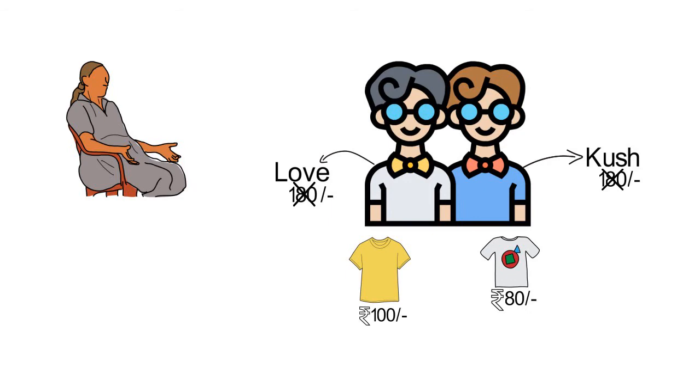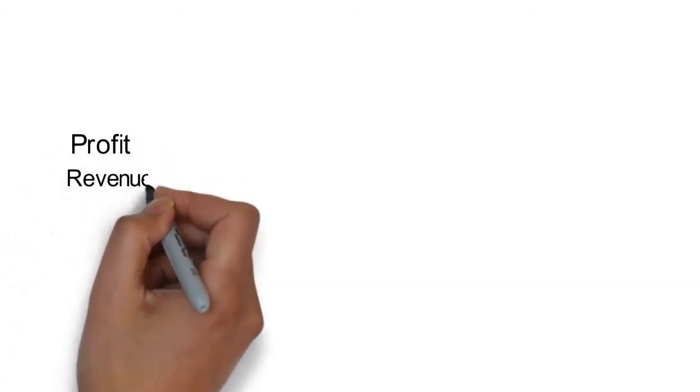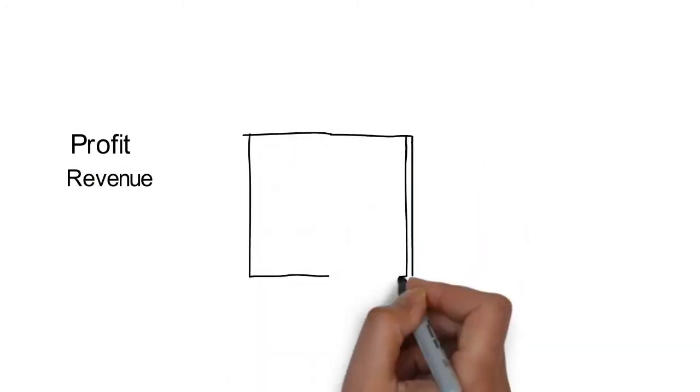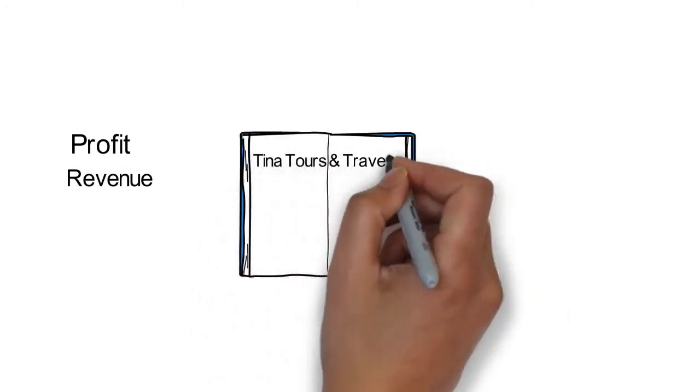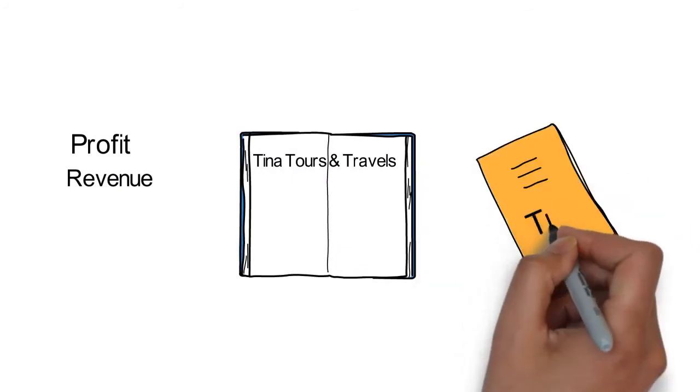That is why it is important to make a difference between Tina's personal expenses and the expenses of Tina Tours and Travels, right? All the transactions relating to profit and revenue of Tina Tours and Travels will only be considered in the books of accounts of Tina Tours and Travels and not in her personal expenses.